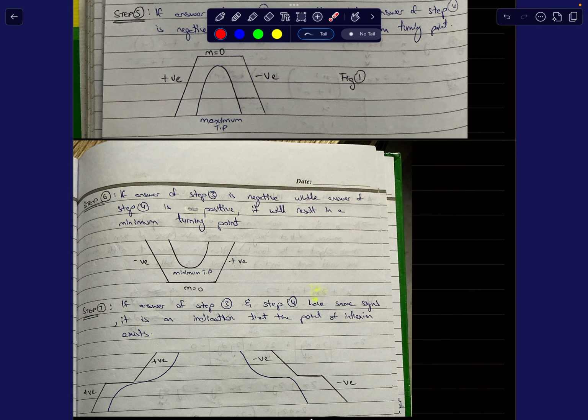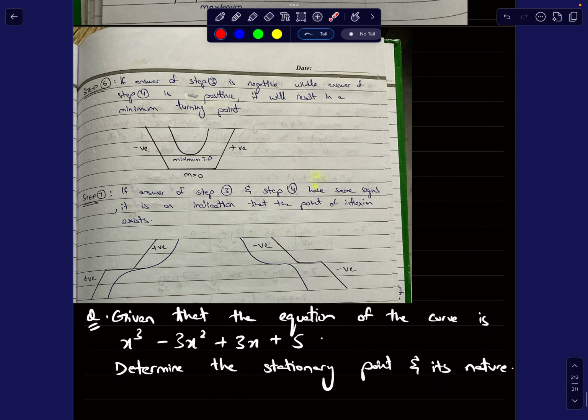If the answer of step 3 is negative, that is, it slopes down, and then we have a stationary point, but the answer of step 4, that is immediately after the turning point, is positive, that means we have a minimum turning point. But what if step 3 and step 4 have the same signs? It means a point of inflection exists. Your curve may either look something like this, something like this, something like this, or something like this.